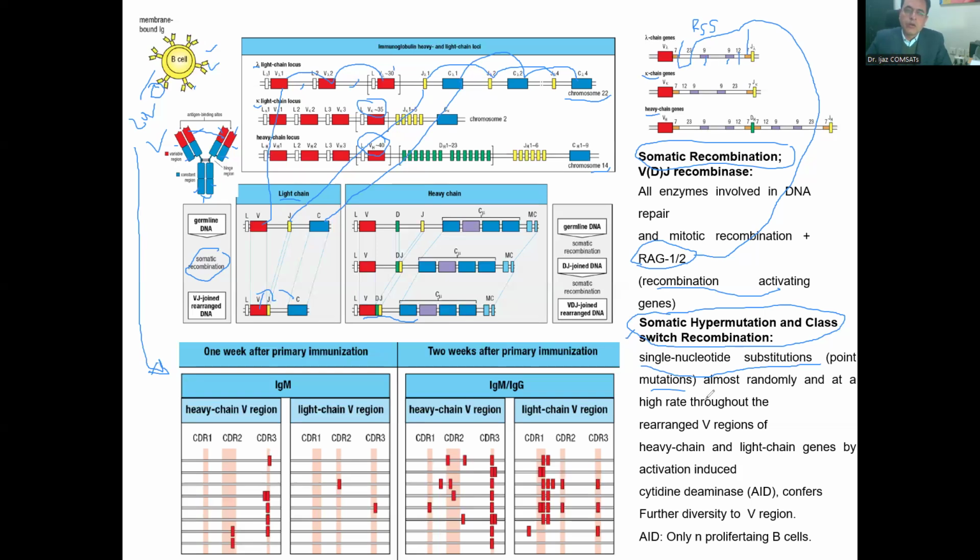So, how? Because in the case of IgM, if you look at the sequence of the antibody in different cases and compare them, only a couple of complementarity determining regions in some cases would have some mutations.